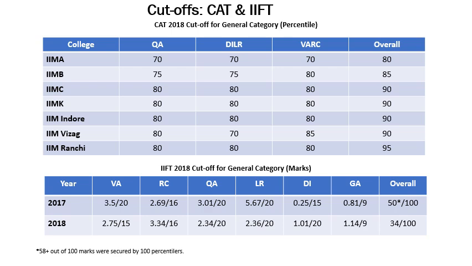Now, if you look at the overall cutoff, it goes up and down, and that depends on the level of difficulty of the overall paper. For example, in 2017, the overall cutoff is around 50. If you look at the range of marks that people get, 58 plus marks out of 100 was secured by 100 percentilers.